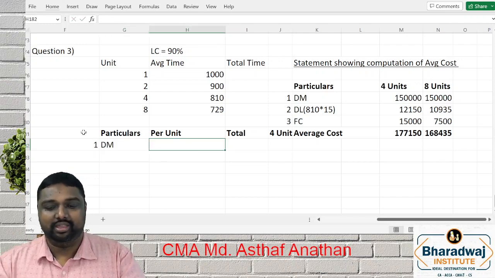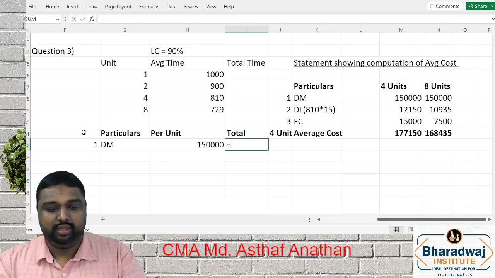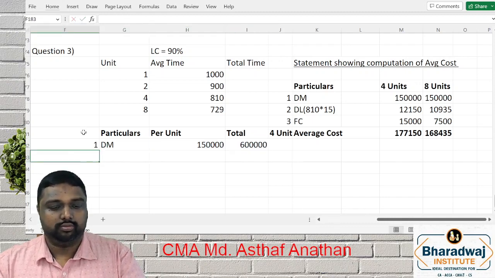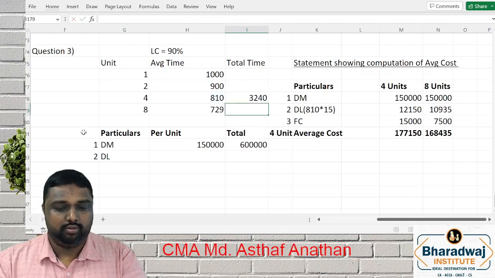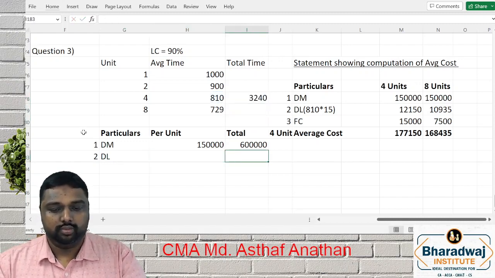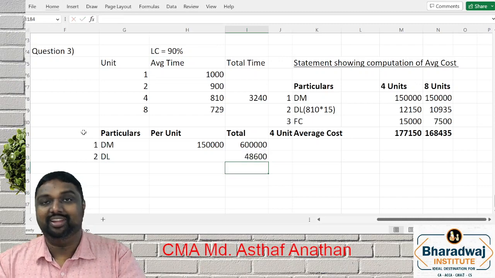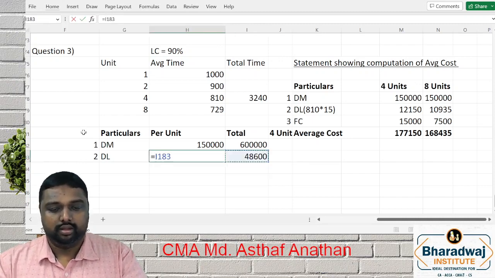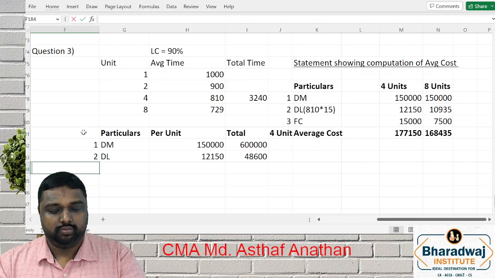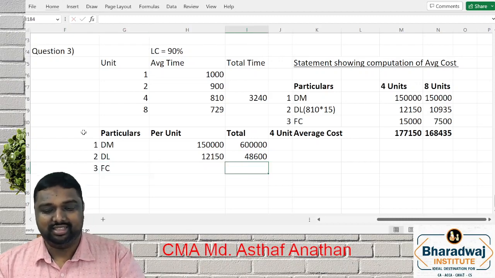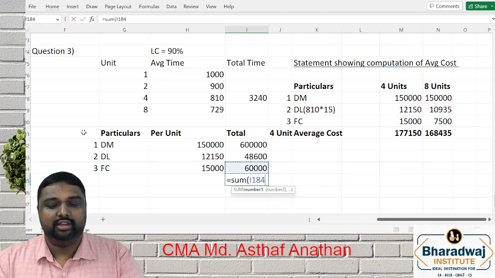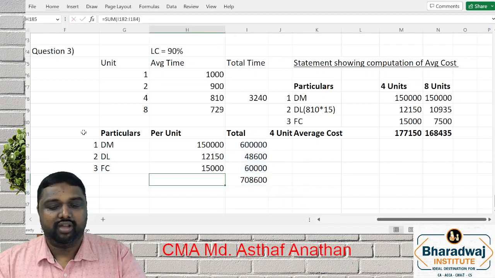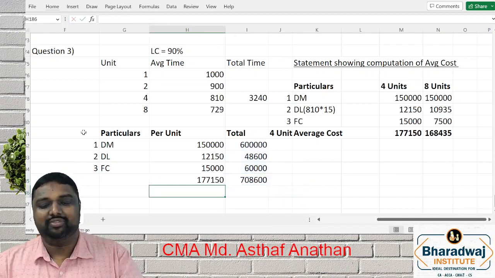Direct material you can give 1,15,000 into 4. Direct labor you have here into 4, 3240 into 50 divided by 4. Fixed cost is 60,000 divided by 4. Otherwise, take everything total. Final answer also divided by 4.